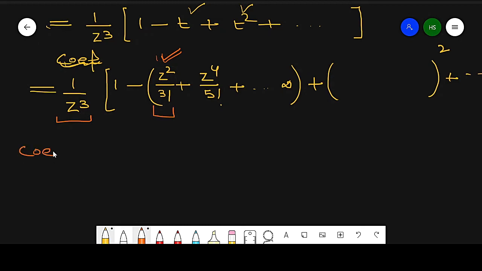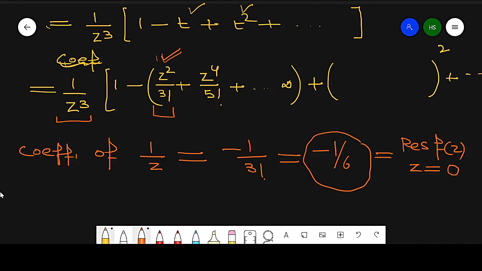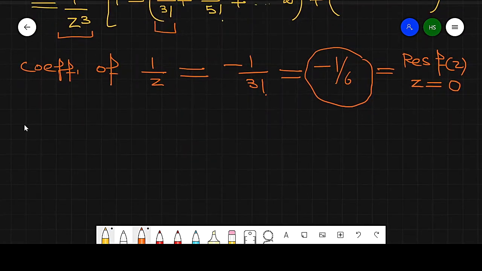So the coefficient of 1 by z is equal to minus 1 by 3 factorial, so basically it is minus 1 by 6. This is the residue of the function f of z at the point z equal to 0. So what is the integration?